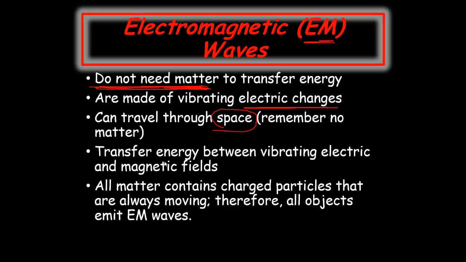So the energy moves because of these vibrating electric charges. Because they have electric charges, they create magnetic fields, and so they transfer energy between electric charges. So they have electric and magnetic fields.